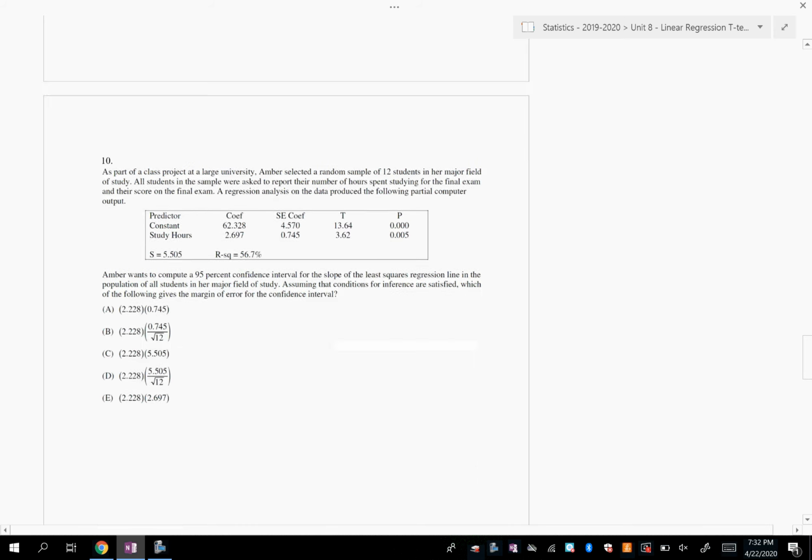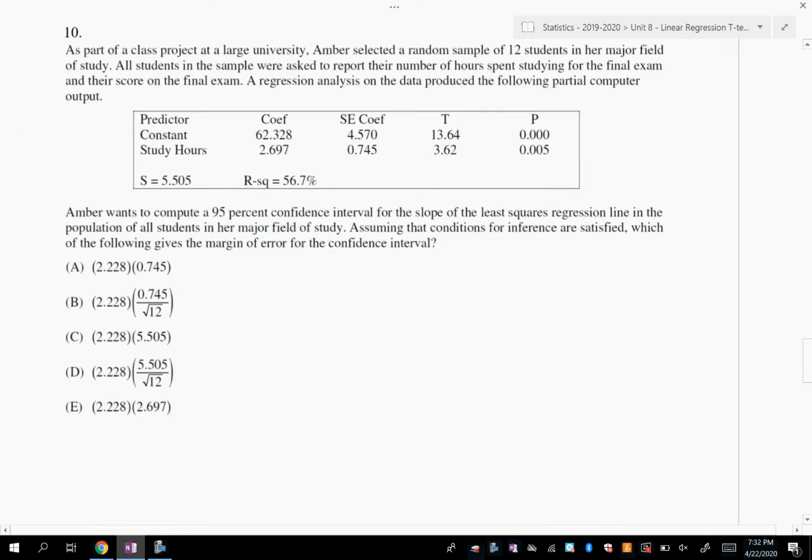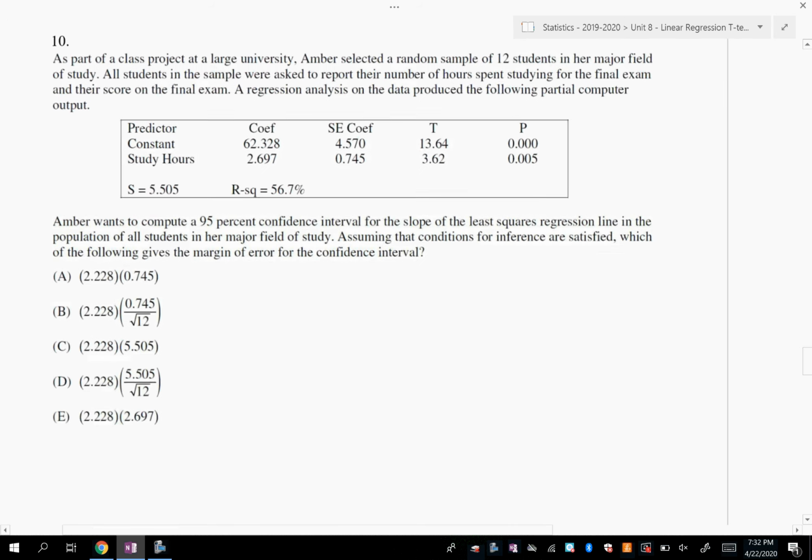Okay, number 10. All right, last one. Look at that, another confidence interval. Now this one is a little different. It's talking about a 95% confidence interval for the slope. So I went ahead and wrote down my slope of 2.697, but you'll notice it's just asking for the margin of error.